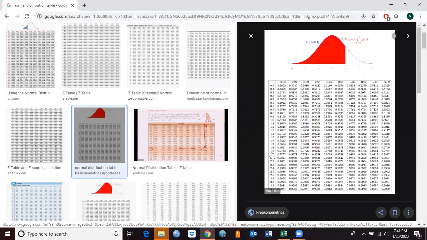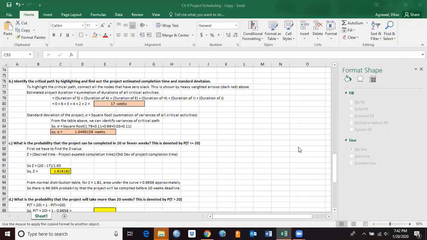1.82 roughly is going to be 0.9656 here. So 1.8, and you add 0.02 to it. That's how you make a Z value of 1.82, and you go here and find this value, 0.9656, and that's what we got here.